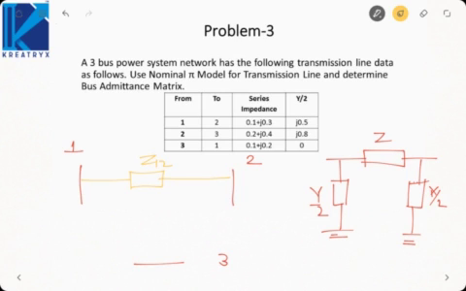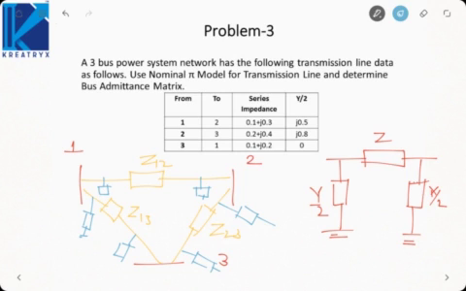This is Z12, Z23, Z13. Now we will connect the shunt admittance. Okay, this will be grounded. I am not showing the ground due to lack of space only.